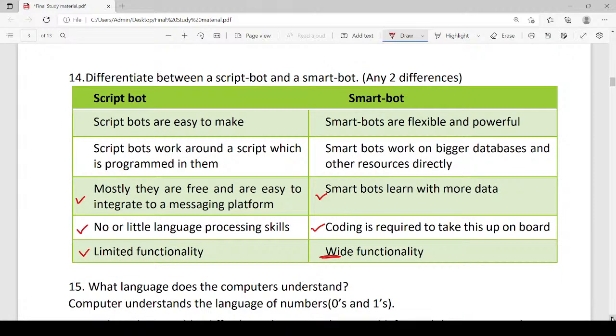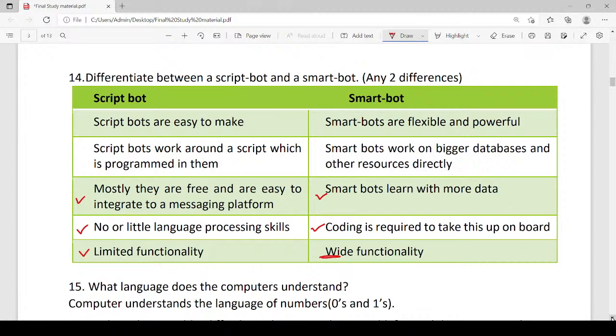What language does the computer understand? What is the language of computers? Do you know the name of the language of computers? What language does the computer understand? Binary language, exactly, or we can call it the machine language.